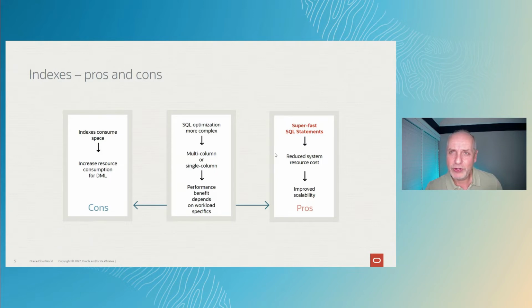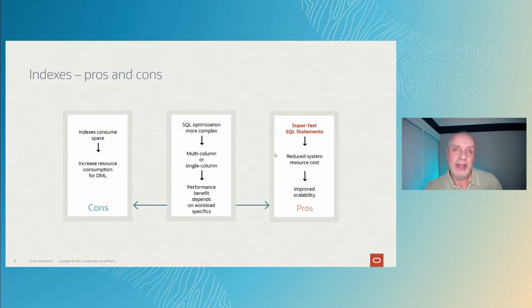But if we stay on that pro side, the benefits, that does have knock-on effects, because if queries or SQL statements run very efficiently, they reduce the amount of resource that is consumed on the system. So that has a knock-on benefit in reducing the cost of resource consumption, if you like, on the machine. And from that, you will get improved scalability, because the platform will be able to support a greater business transaction load, for example.